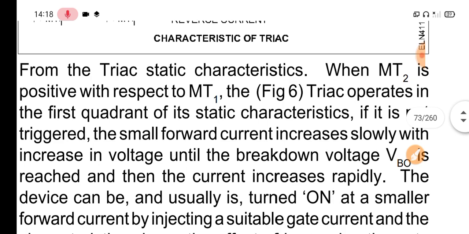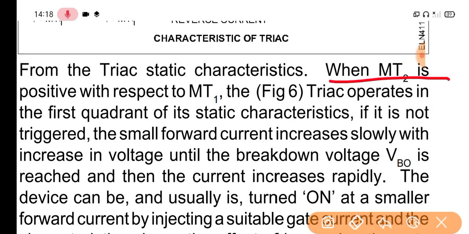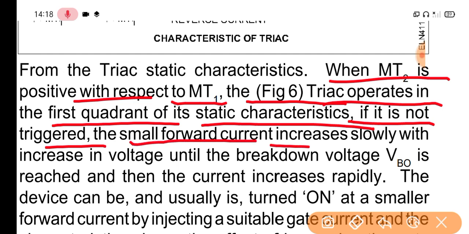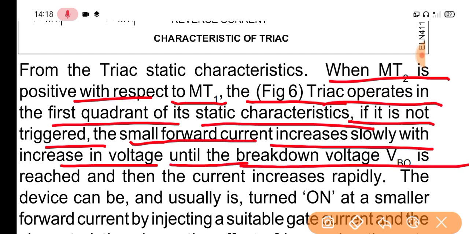From the triac static characteristics, when MT2 is positive with respect to MT1, the triac operates in the first quadrant of its static characteristics. If it is not triggered, the small forward current increases slowly with increase in voltage until the breakdown voltage VBO is reached, and then the current increases rapidly.